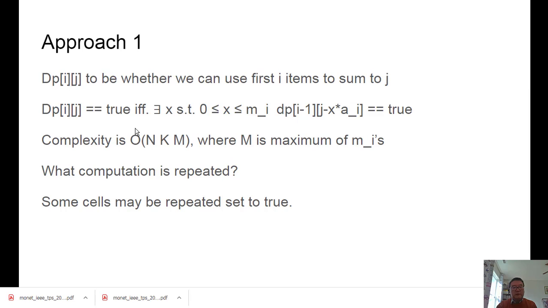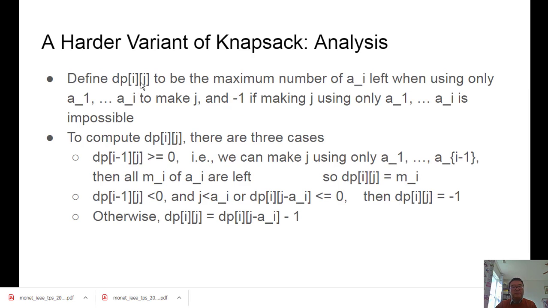So this is a way of using that idea. We define dp[i][j] to be the maximum number of a_i that are left when we're using the first i numbers to make j. And this is -1 if it is impossible. So then we compute dp[i][j].